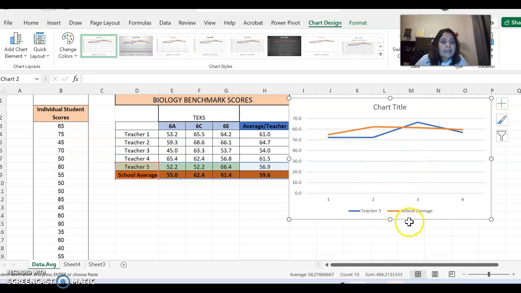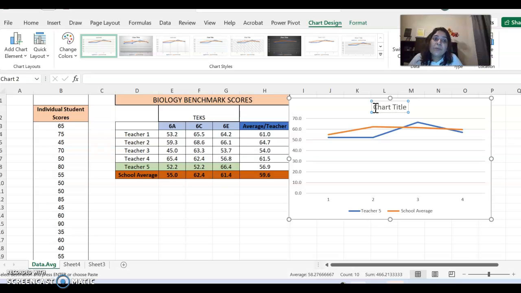So while in the first TEKS, her students performed a little lower, and even in the second TEKS, her students performed a little lower than the school average. But look at the third TEKS, her students performed higher than the school average. So in my planning sheet, I have referred to the long-term substitute as LTS and highly qualified teachers as HQT.